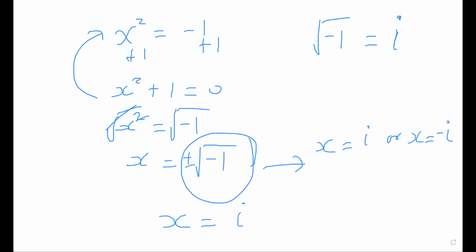For complex numbers, what we are going to say is that they should always be in this form: a plus b i.